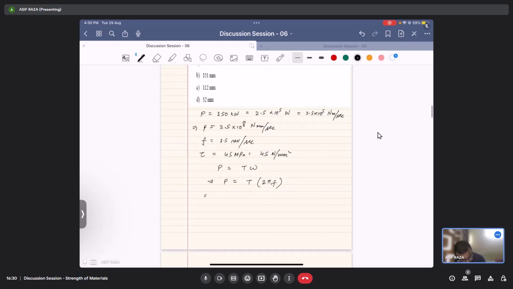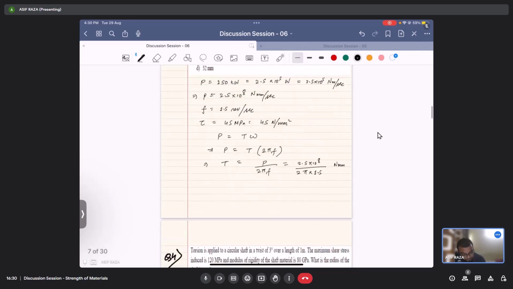So T is equal to P upon 2 pi f. Substitute this, it would be 2.5 into 10 to the power 8 upon 2 pi f is 1.5, and this would be in Newton mm.